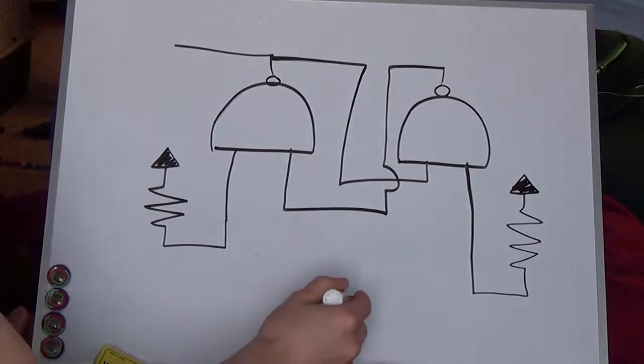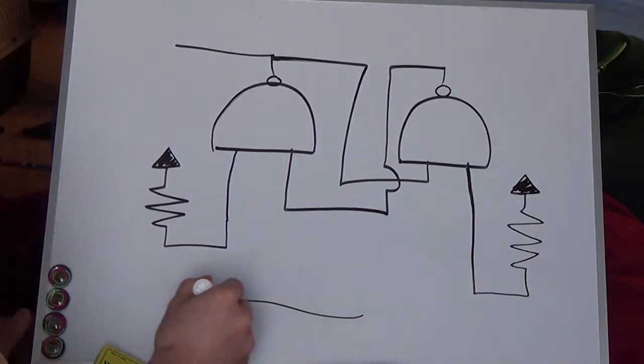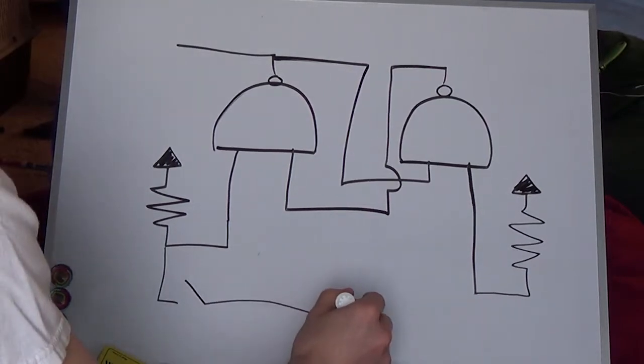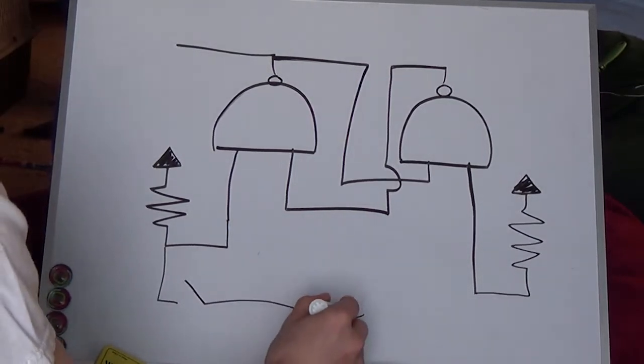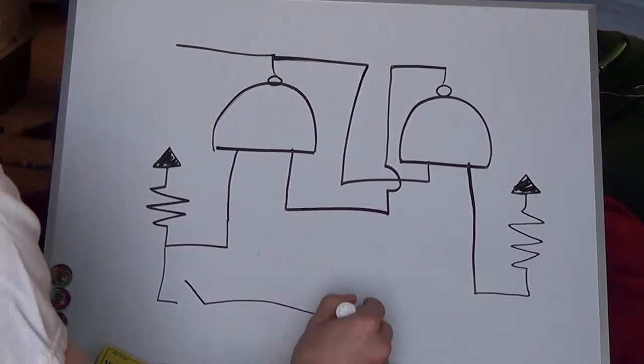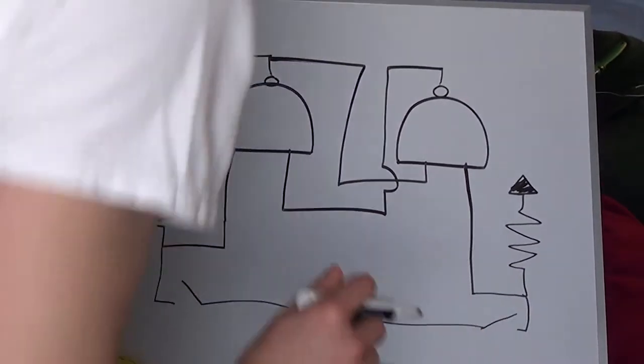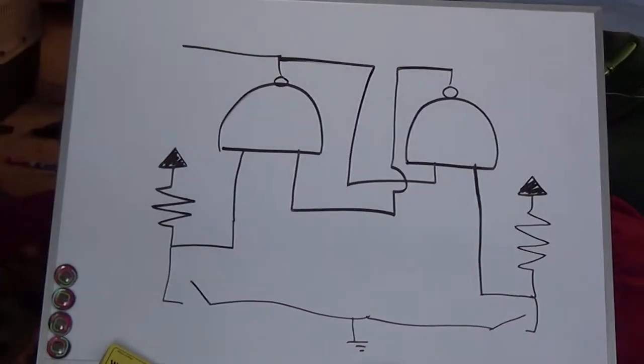And then I'm using a wire as a switch, but I'll just draw it as a switch here to pull each of these low. It's connected to ground. There's my other switch.